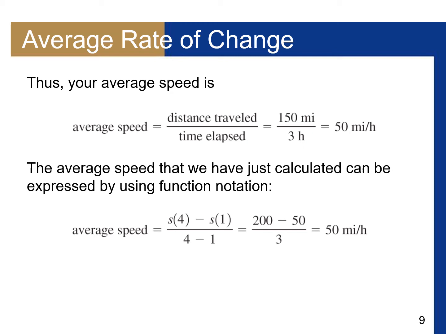The average speed that we just calculated can be expressed by using function notation. S at 4 hours, the distance at 4 hours minus the distance at 1 hour, over the time at the end minus the time when you started. You should recognize this and think, wait a minute, this looks very familiar to Algebra 1.